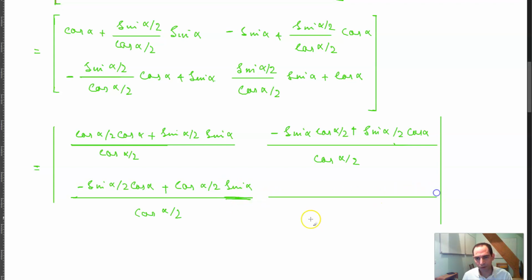And then over here, let me check, so 1 times this becomes negative sine alpha by 2 cos alpha plus cos alpha by 2 times sine alpha, and then you have cos of alpha by 2. So cos of alpha by 2 divided by this is 1, so you get sine alpha by 2 sine alpha plus cos alpha by 2 cos alpha.